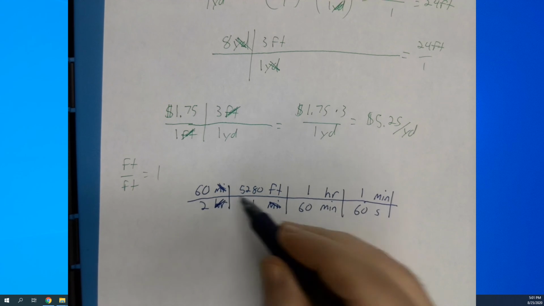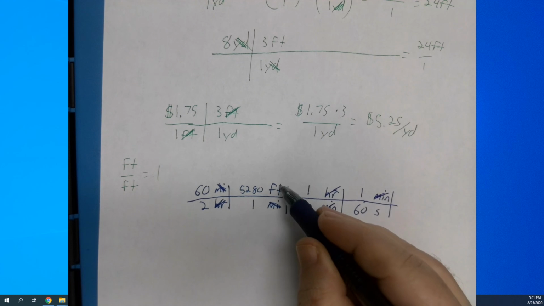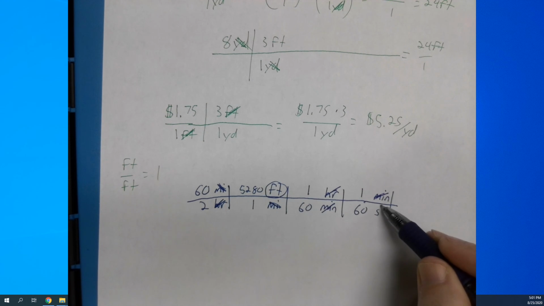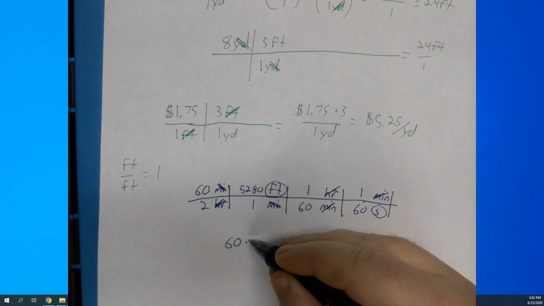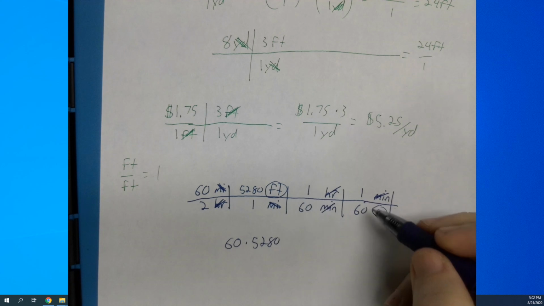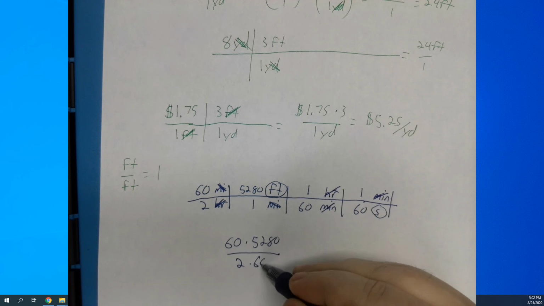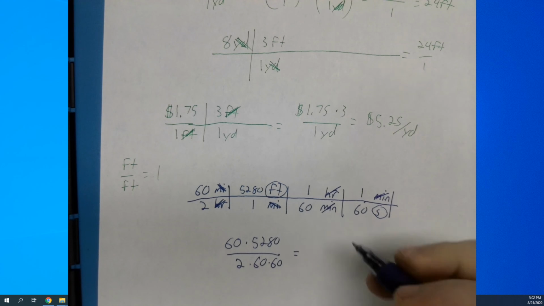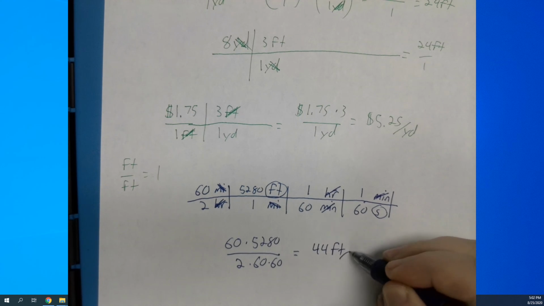Hours and hours cancel out. Minutes and minutes cancel out. So my last units are feet and seconds. So this would be 60 times 5,280, you can ignore ones, divided by 2 times 60 times 60. And that gives you 44 feet per second.